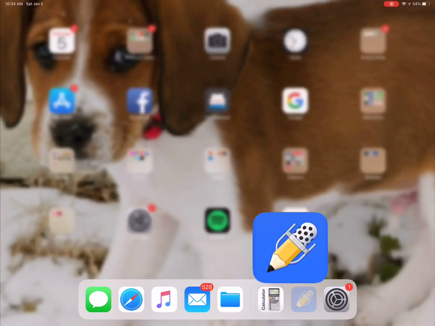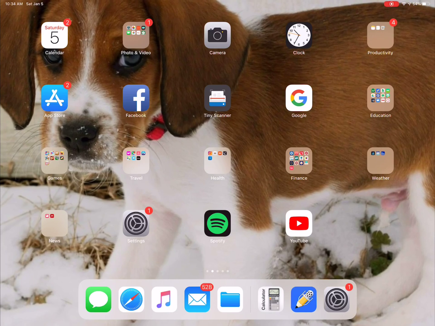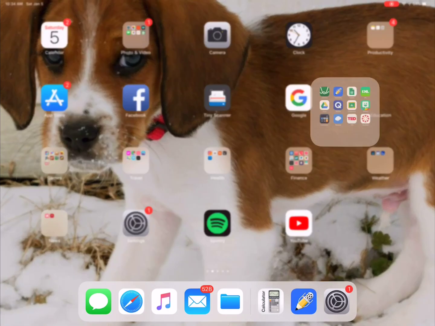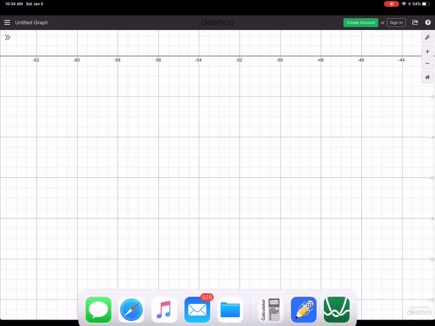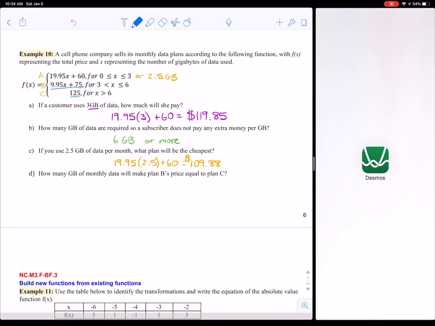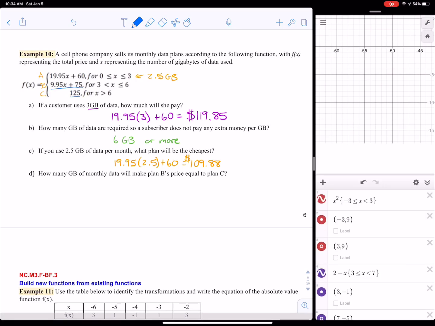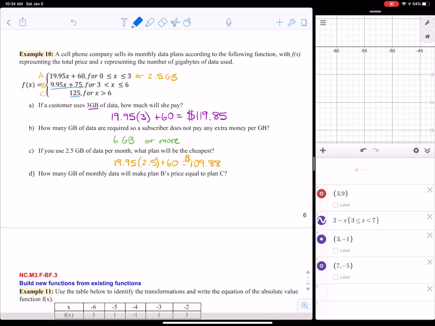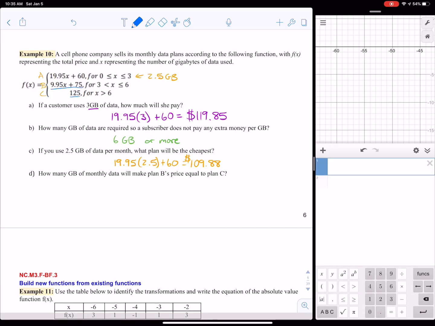So I need to grab Desmos real quick. Okay, so let's take out this old problem here and type in, let's see, 9.95.